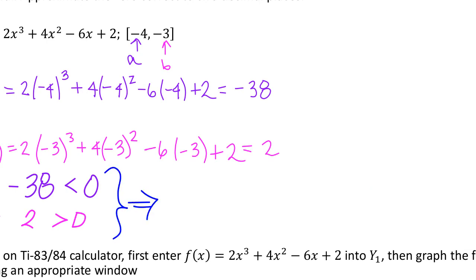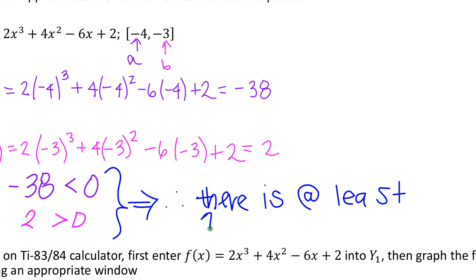But I like to show you that just to help you see. So we can say, therefore, there is, and again, it's at least, so there could be more than one, at least 1 zero, right? So we can conclude that it does indeed cross the x-axis to change from negative to positive.